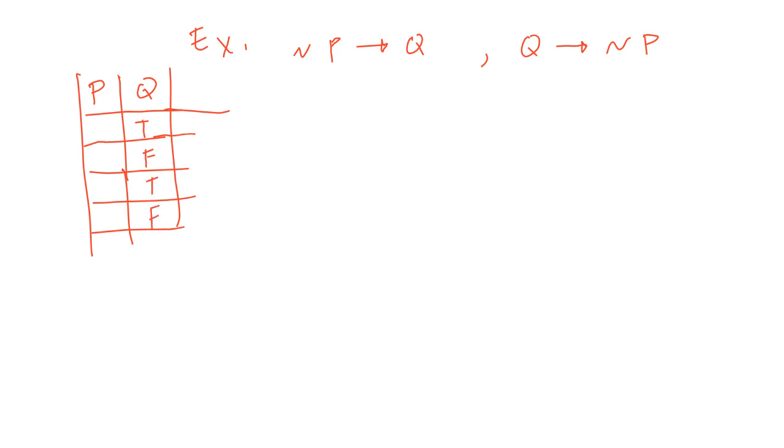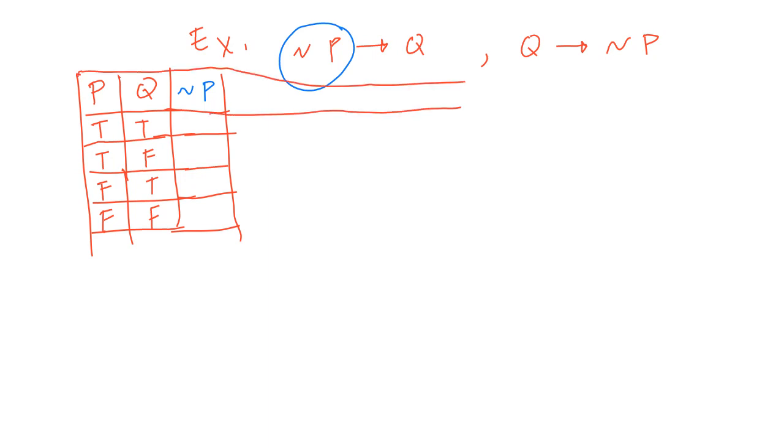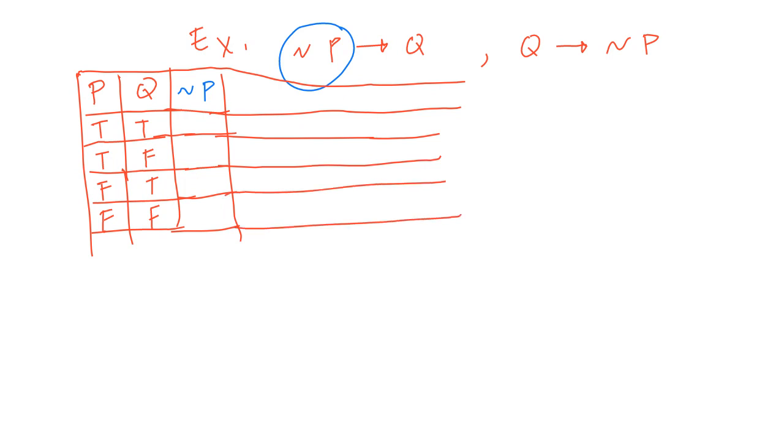And then in the first column, that would be 2 T's and then 2 F's. And then we're looking at not P. So let's put that not P here. And let's try to extend our truth table. So not P, you're looking at the first column and take the opposite values.